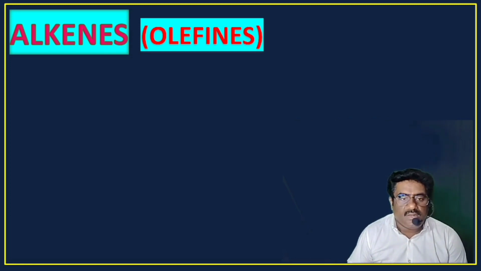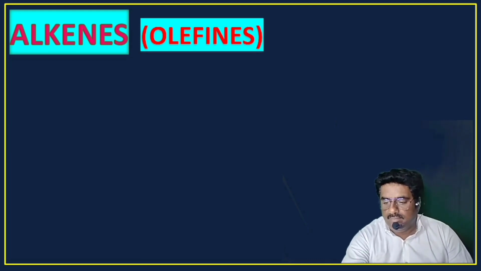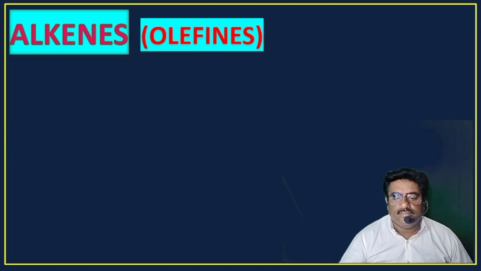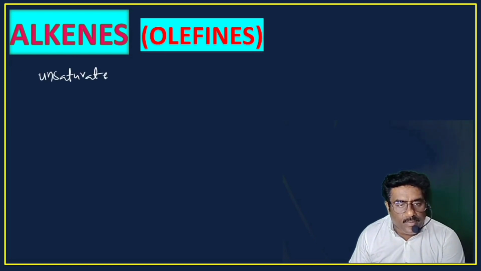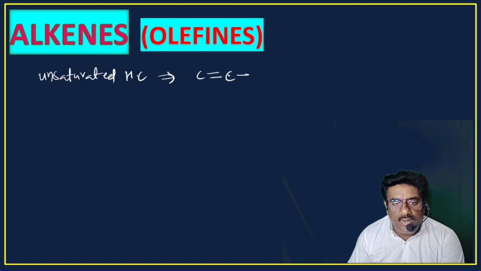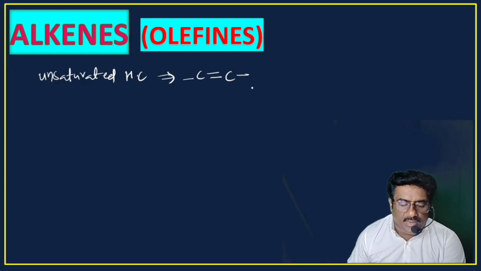Alkenes are unsaturated hydrocarbons with carbon-carbon double bonds. They are called alkenes or olefins.